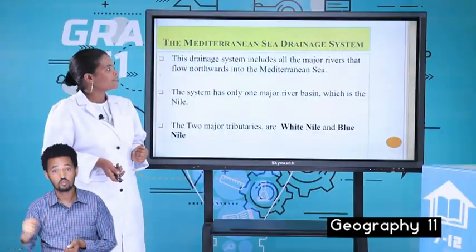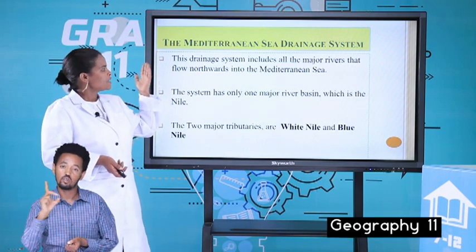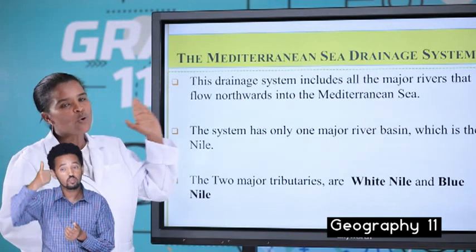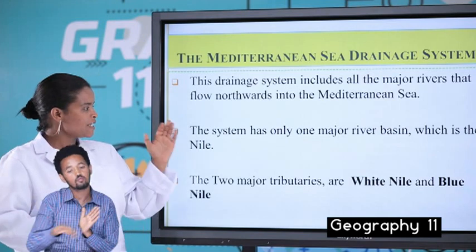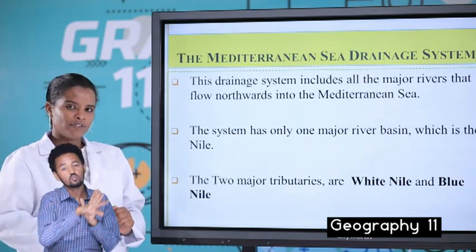The Mediterranean Sea drainage system. This drainage system includes all major rivers that flow north into the Mediterranean Sea. In this system, the only major river is the Nile River.